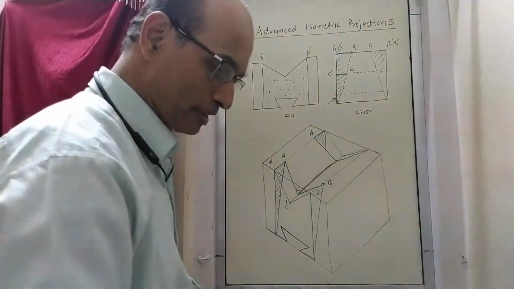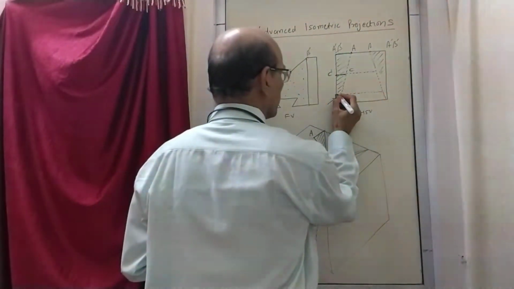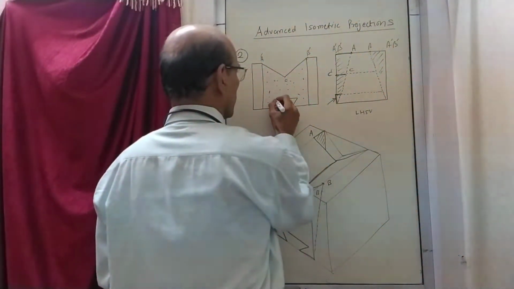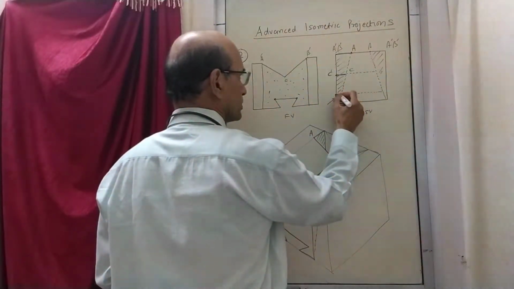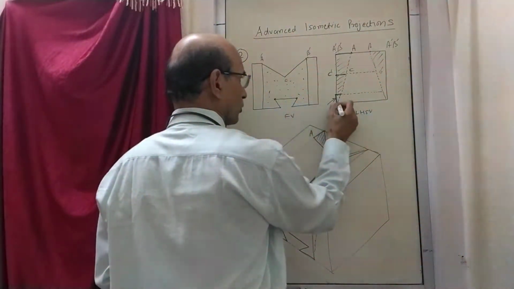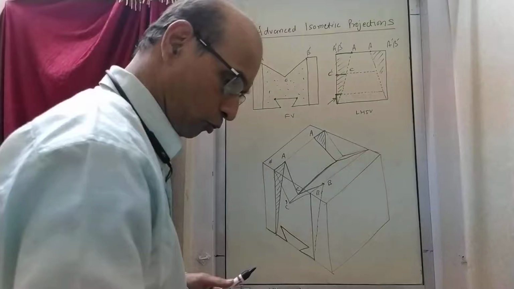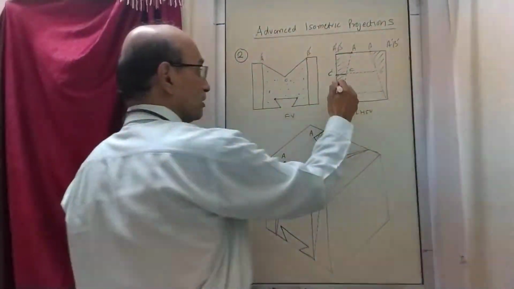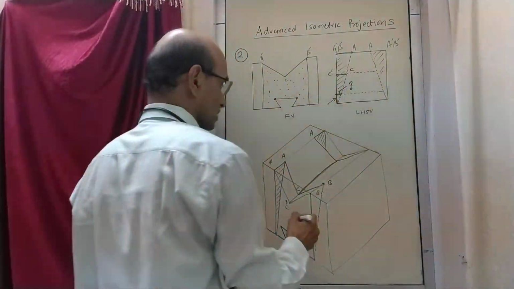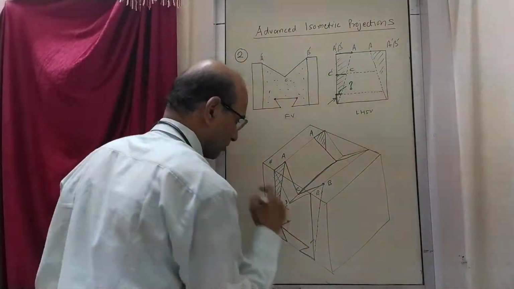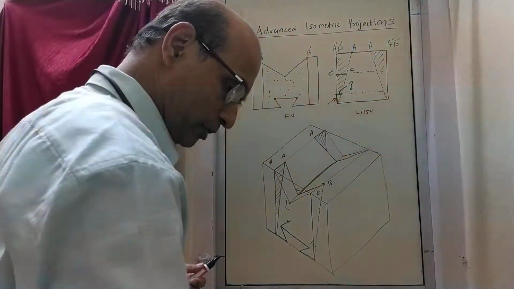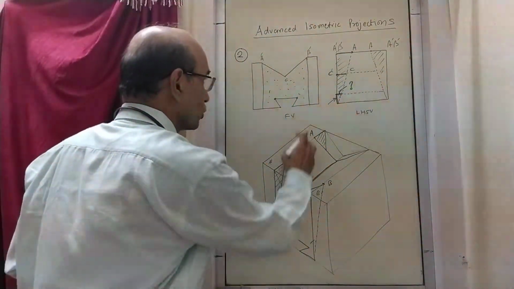So now what we have to do is, in the same way, take all these points inside by this much amount. This point is going inside by this much. This point is also going to go inside by this much. But these points are going to remain there only. So from this figure you find out how much this distance is, and you shift that distance inside on both sides, and that is where you are going to join this point.